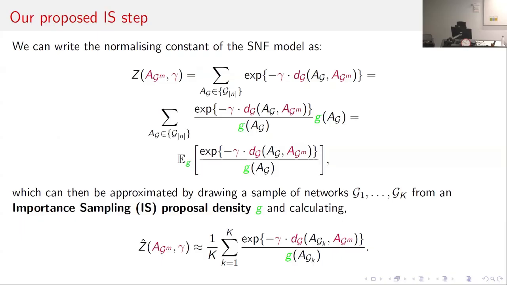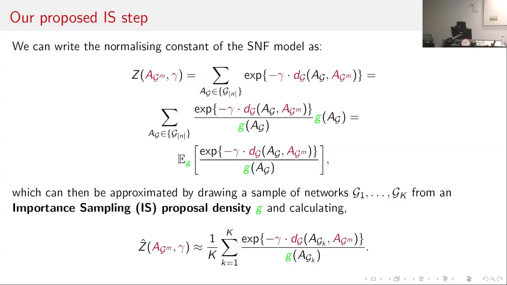But what we propose is to use an importance sampling step. This is pretty straightforward. We can write the normalizing constant as an expectation by multiplying and dividing by this G density, which is going to be the importance sampling density. Then we can approximate this expectation with the sample mean estimator by drawing networks from this G density.